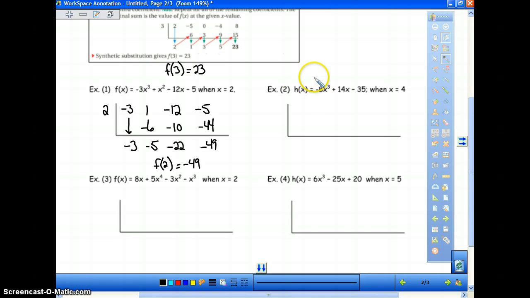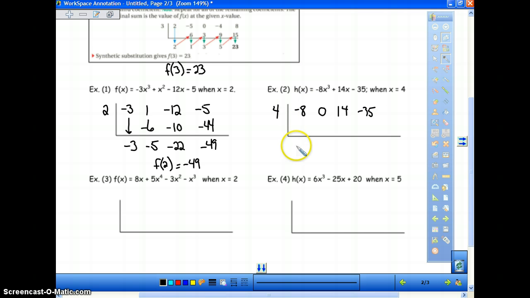Give you a second example here. So x is equal to 4, and we have -8. And now we're missing our x squared term, so we have to put a 0 there. Then we put 14, and then -35. Remember, don't forget your negatives.